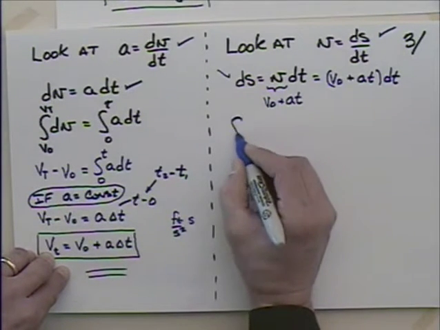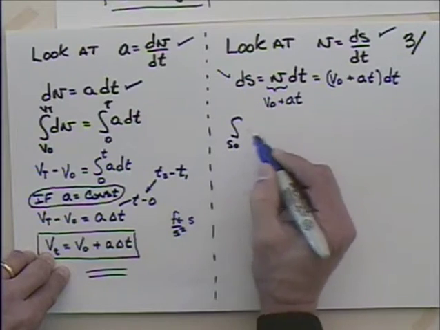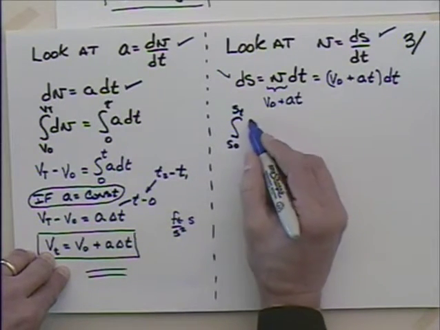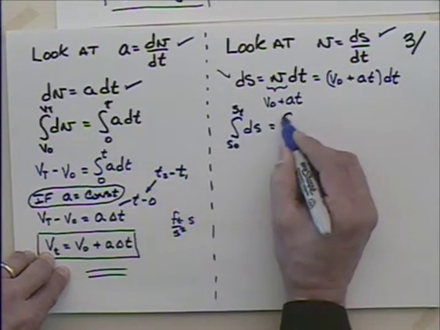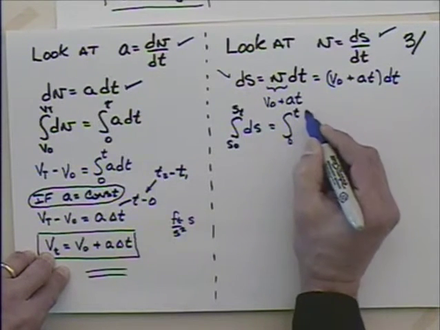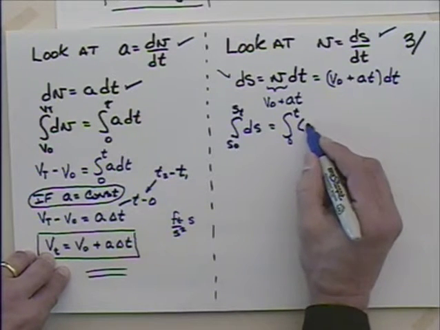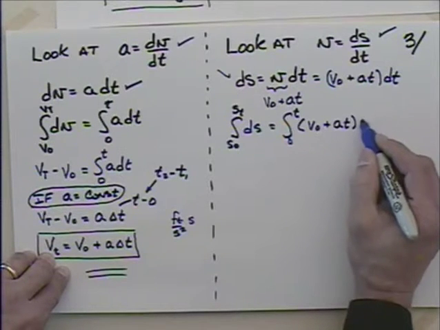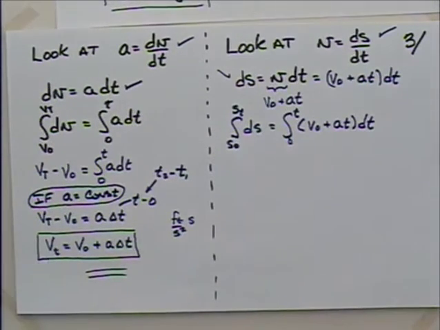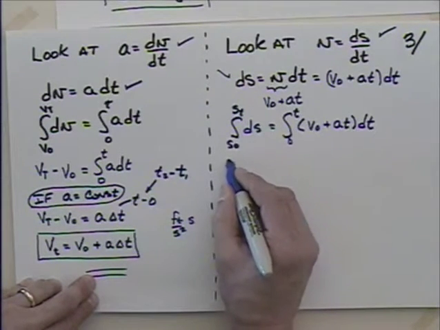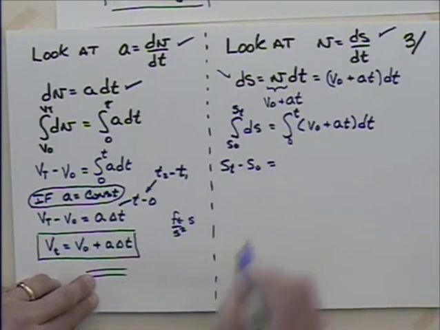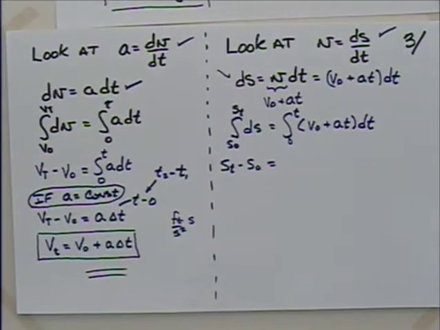So I have the integral from s naught to, let's say, s of t or s sub t of ds is equal to the integral from 0 to t of v naught plus a t dt. Okay. So what are we going to come up with here on the left-hand side? We're going to have s sub t minus s naught is equal to, and then on the right-hand side, I think we can do that.